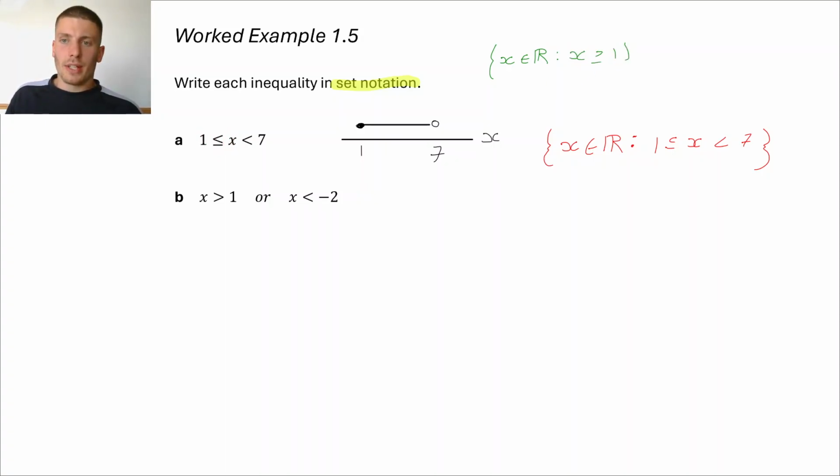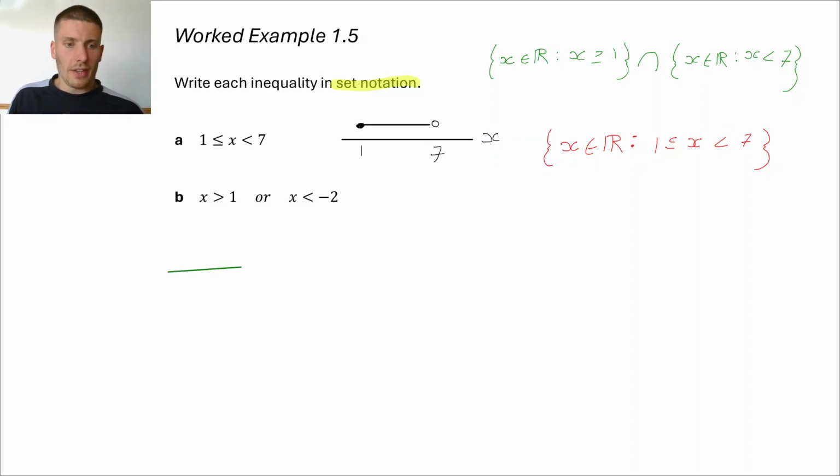We then close that bracket and we're intersecting it with the second part of it, which is x belongs to the real numbers such that now x is less than 7. So x less than 7. And these 2 things here, they mean exactly the same thing. So each one of those is correct. Personally, I like to write it as this.